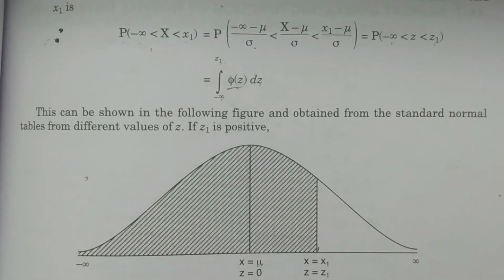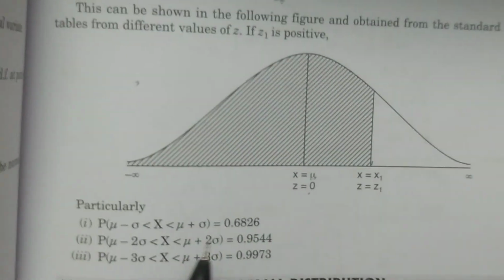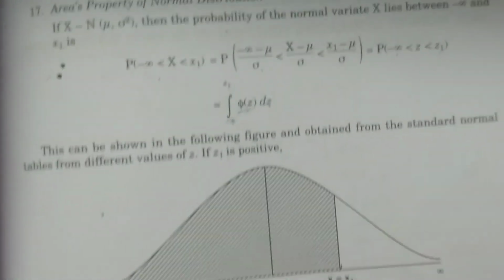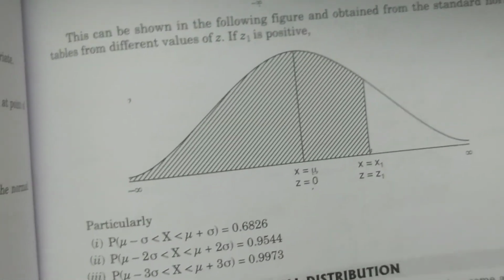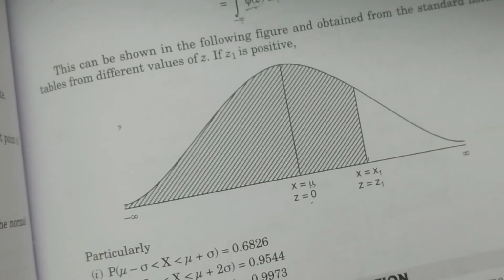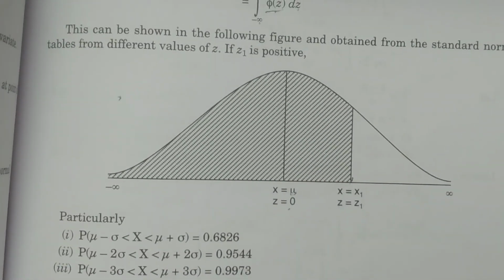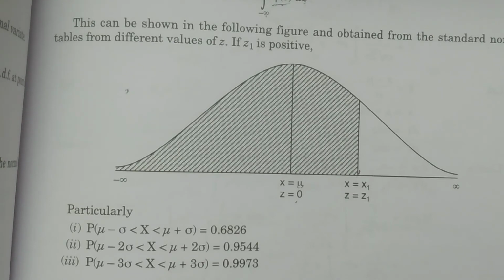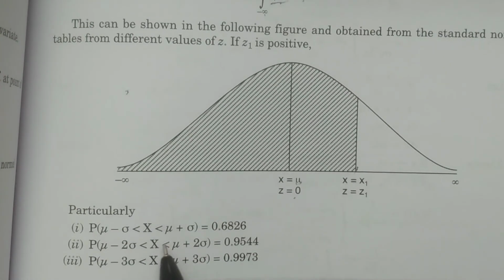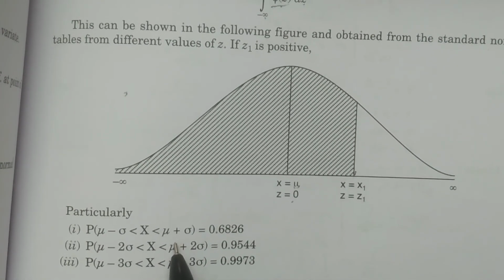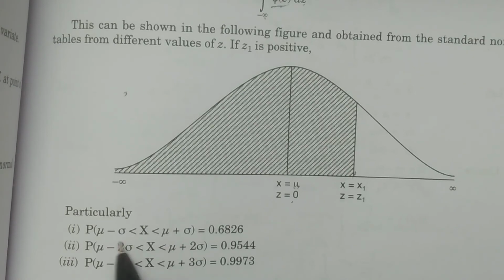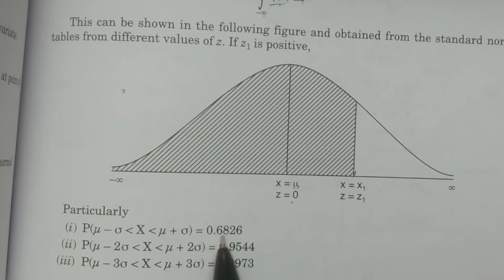Okay, right? So, for example, consider three important properties I'm specifying. The probability of mu minus sigma less than x less than mu plus sigma, that is mu plus or minus sigma, is 0.6826.